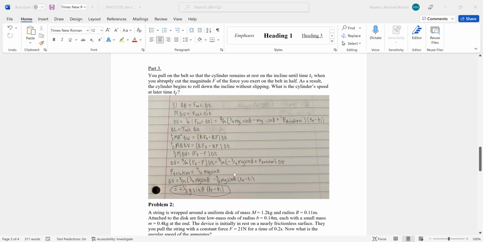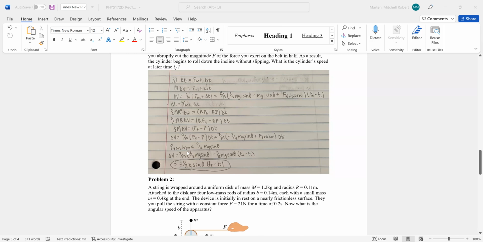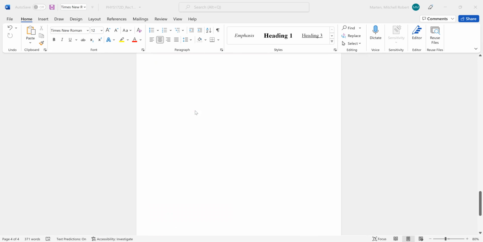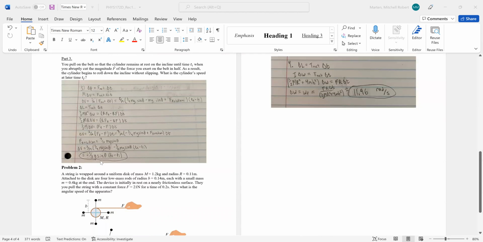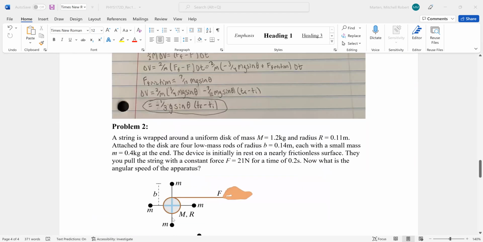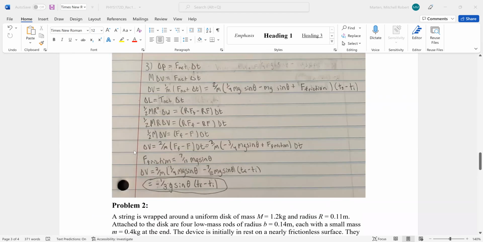If you do a lot of algebra and a lot of head scratching and hair pulling, you eventually come to the conclusion that the change in velocity from t initial to t final is, what in the world is going on? Hold on. The change in velocity is negative 1/3 g sine theta times (t final minus t initial).